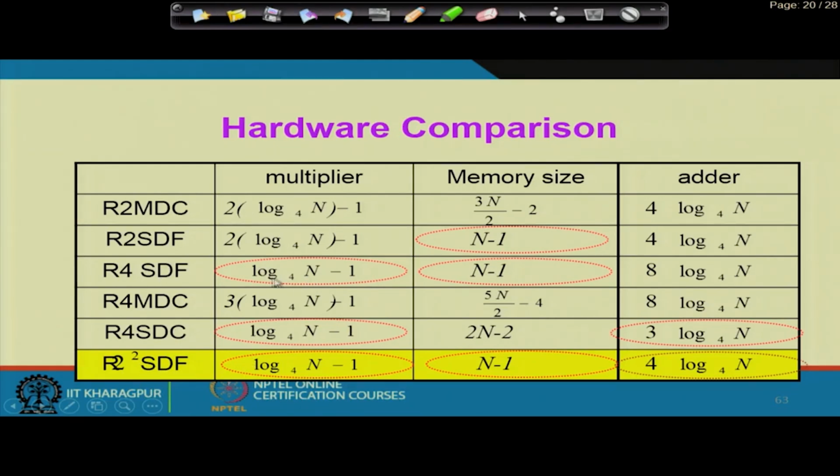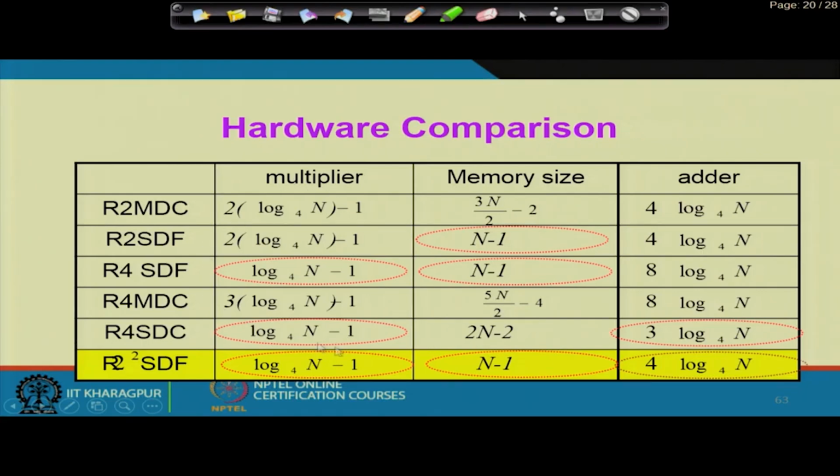All are basically log base 4 of N minus 1, whereas the memory size for radix 2 single delay feedback and radix 4 single delay feedback is N minus 1. Radix 2 square single delay feedback also has a memory requirement of N minus 1, and the adder requirement is 4 log base 4 of N.